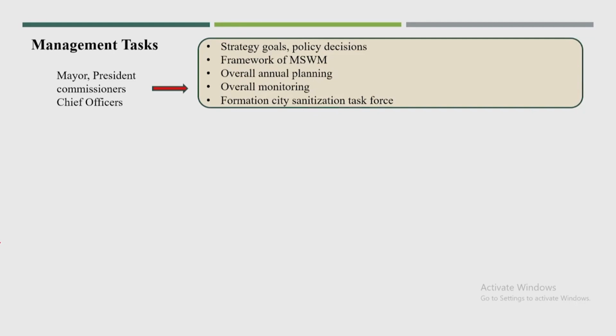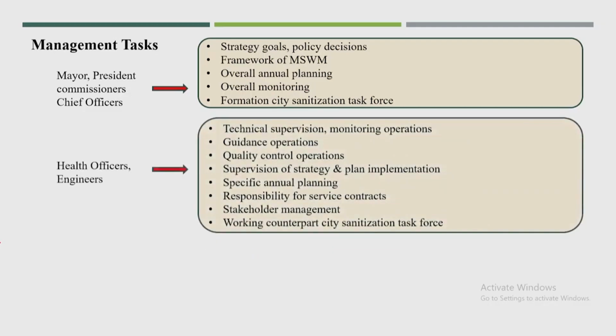Now, the management tasks in any ULB: the head of the corporation is a mayor, president, commissioner or chief officer. Their task is strategy, goals, policy decisions, frameworks, overall annual planning and overall monitoring. Health officers or engineers handle technical supervision, guidance, operation, quality control, stakeholder management, and responsibility for service contracts.